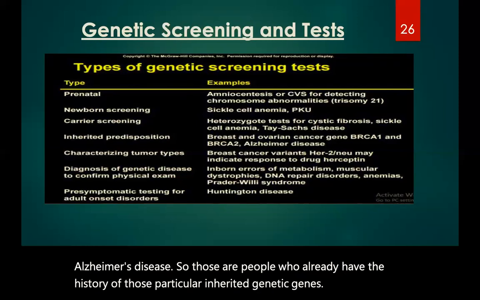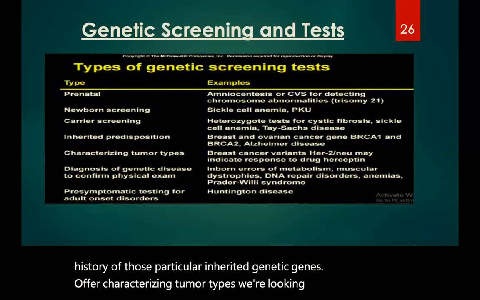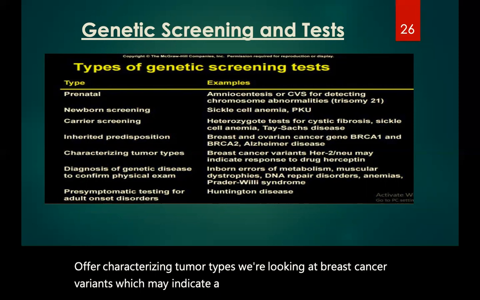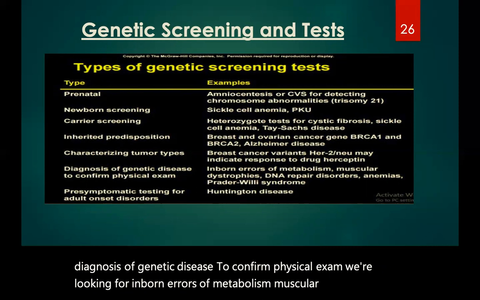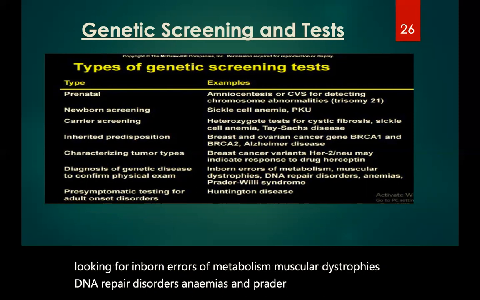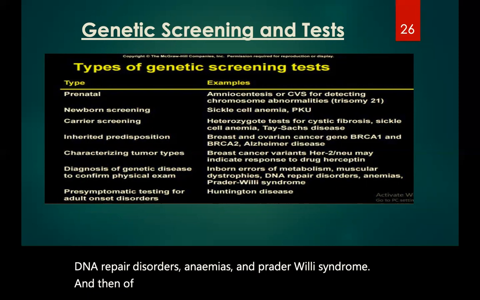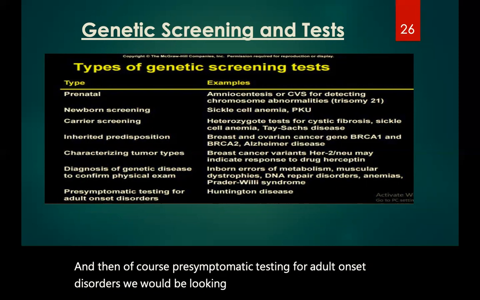For characterizing tumor types, we're looking at breast cancer variants, which may indicate a response to the drug Herceptin. For a diagnosis of genetic disease to confirm physical exam, we're looking for inborn errors of metabolism, muscular dystrophies, DNA repair disorders, anemias, and Prader-Willi syndrome. And then, of course, pre-symptomatic testing for adult onset disorders, we would be looking at Huntington disease.